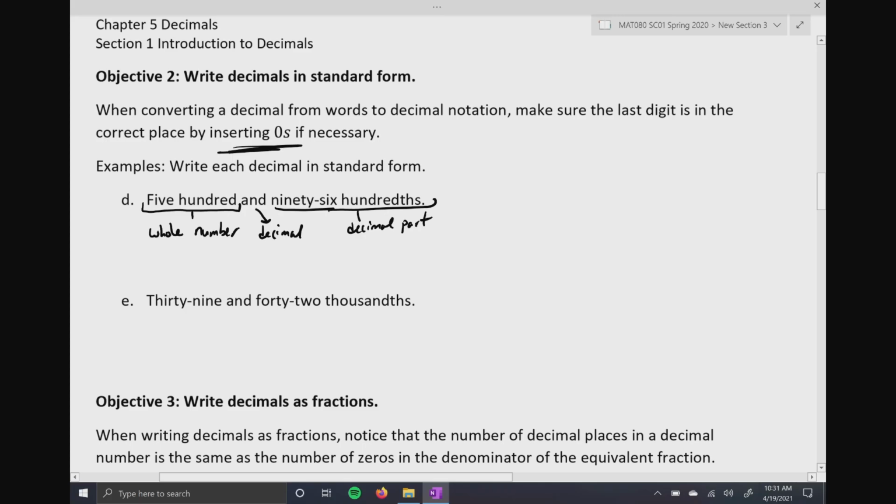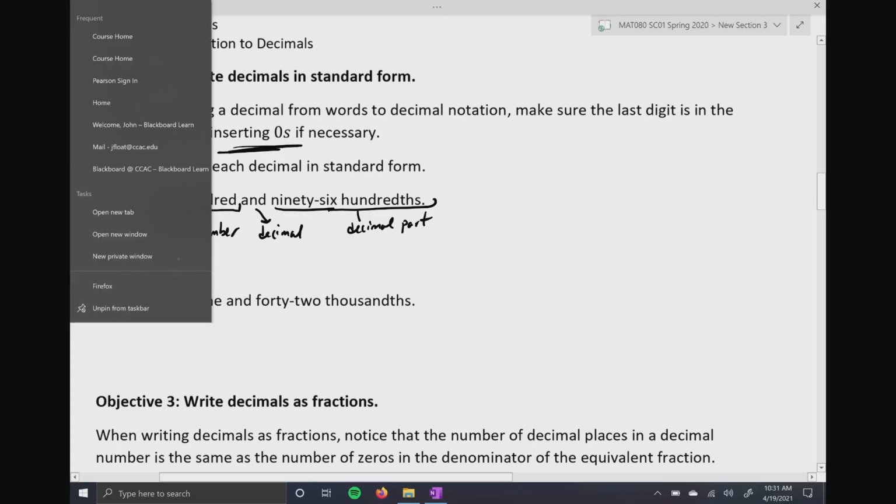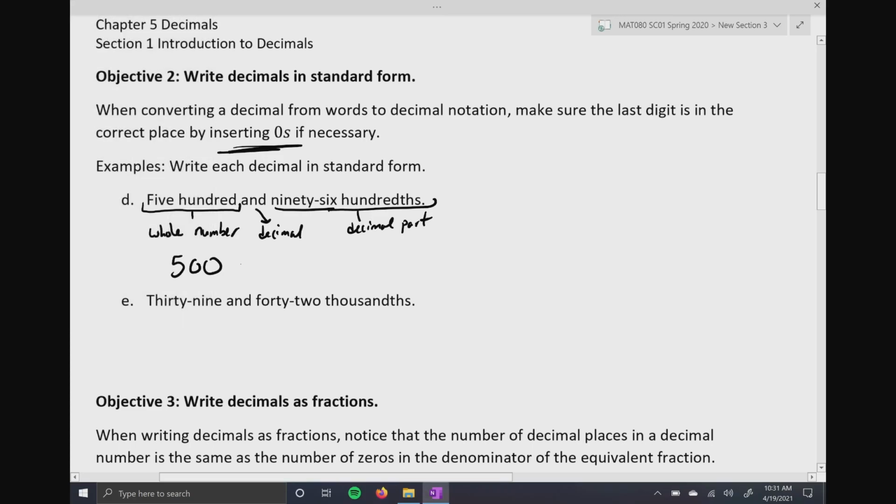All right? So I'm going to keep it nice and simple. 500. The and stands for my decimal, and then 96 hundredths. Now, I know this position would be my tenths. That position right there would be my hundredths. So since I only have 96, I would just write the numbers 96, and that's it.